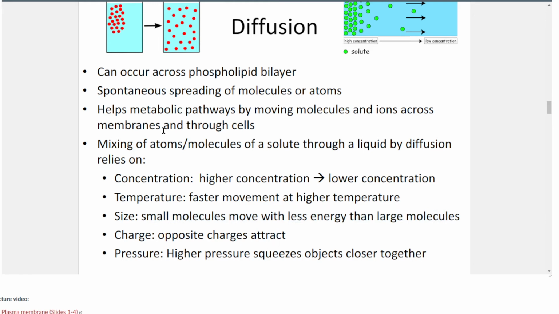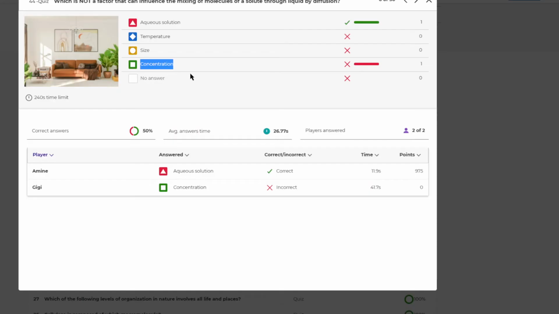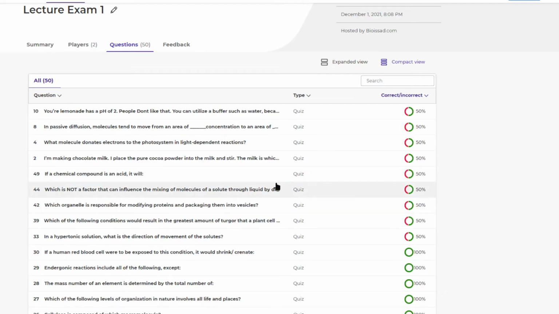The smaller you are, the easier it is to move you than larger molecules. Common sense. Charge is another one. Opposite charges attract. A negative and a positive will attract each other. And pressure, high pressure squeezes things together. These are the factors. But if we look here, the only factor that was here but not on that slide was aqueous solutions. So that would be the right one.